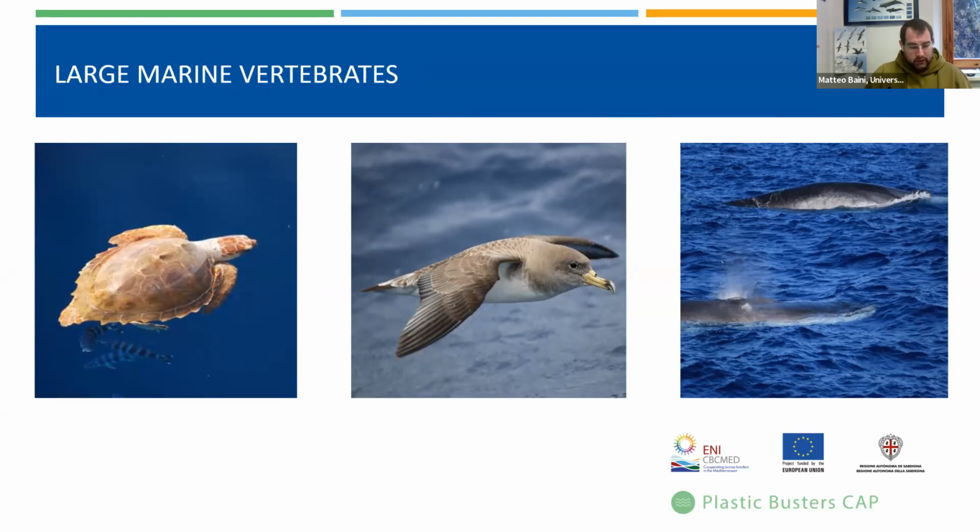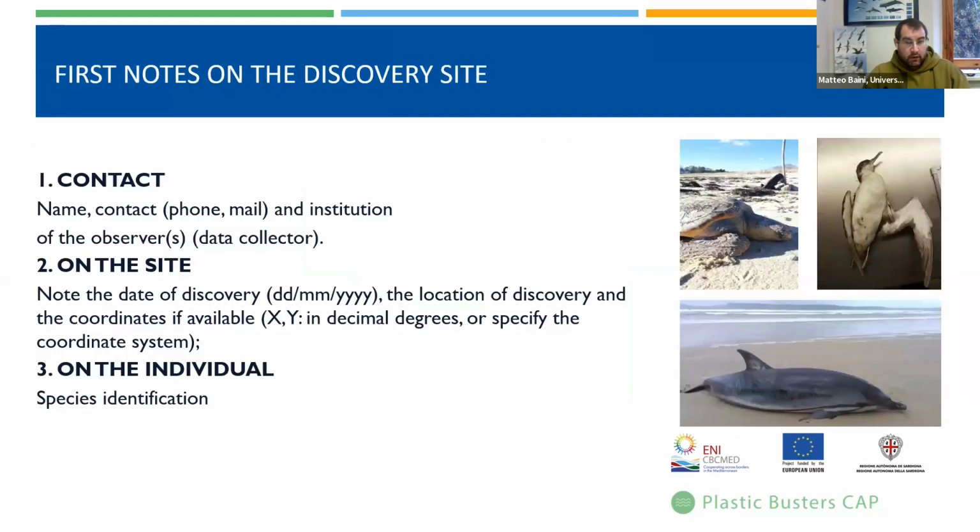In the Med, we have all 3 species, but the most common is the loggerhead sea turtle, Caretta caretta, the seabirds, and the cetaceans. We are usually able to detect the presence of marine litter in those species only in stranded organisms, and most of them are protected species, so we need to be in contact or be part of a network with a specific permit to handle these animals.